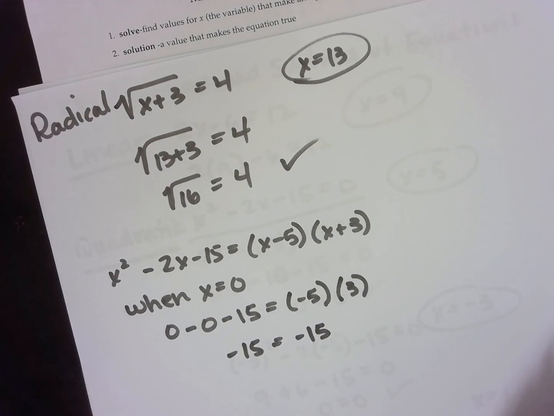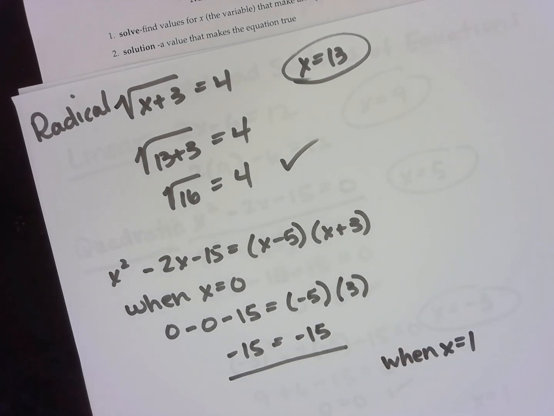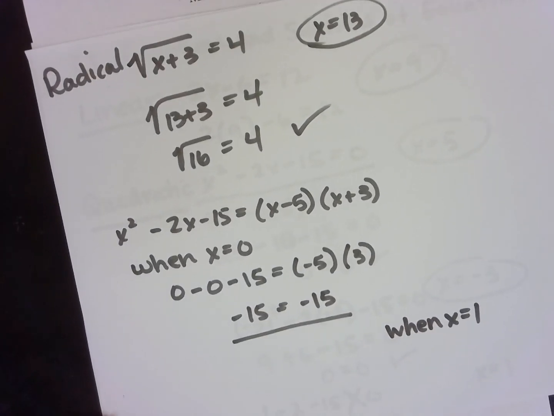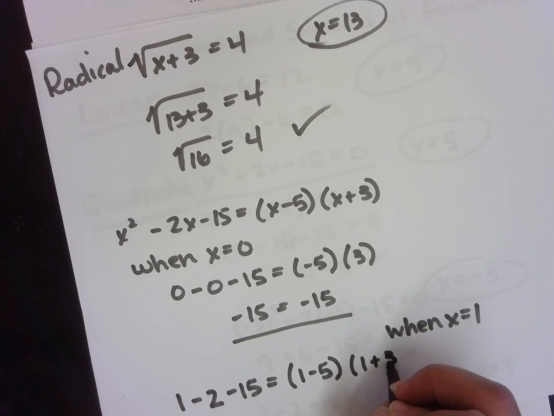Okay, so basically when this happens, this is kind of a special type of equation. It doesn't really matter. Let me try another number. Let me try when x is 1. When x is 1, then x squared will be 1, minus 2 times 1, which is 2, minus 15, is equal to (1 minus 5) times (1 plus 3).